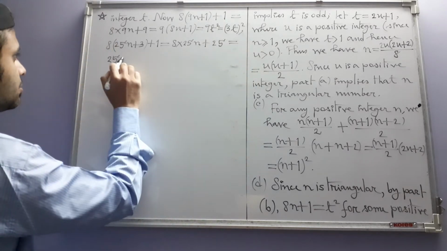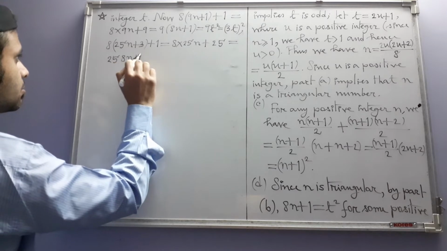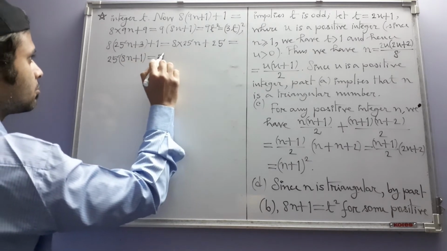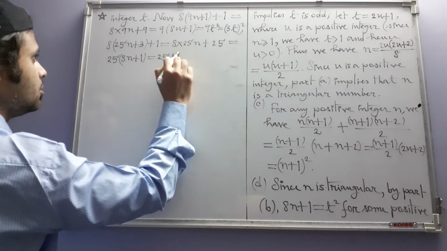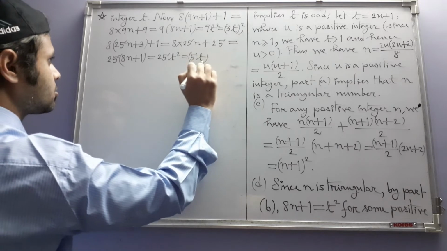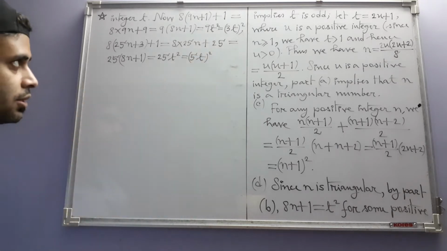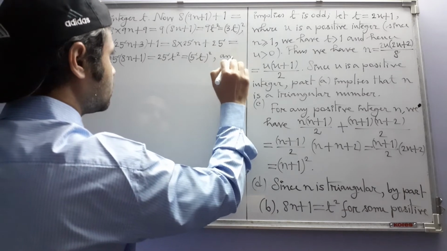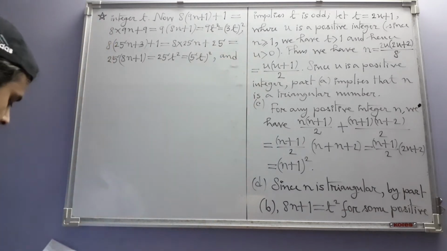So 25 times 8n plus 1. 25t square, that is 5t whole square. So that is also the square of a positive integer. This one is also one such number.